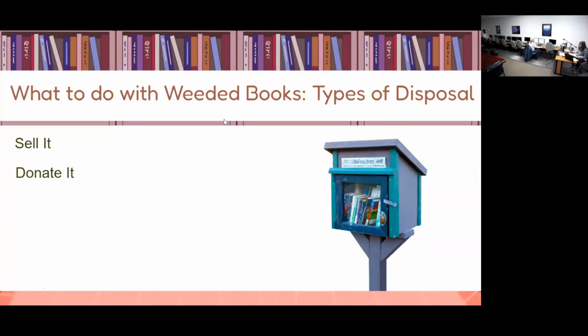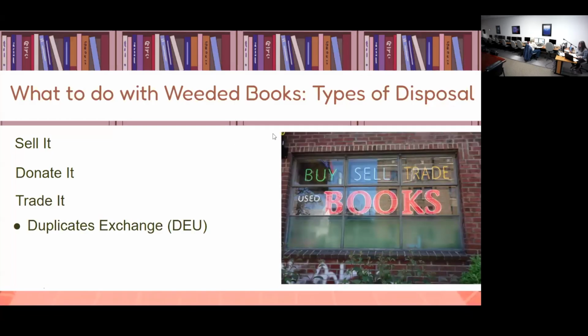You see those everywhere. I know I've taken them to our state park, to one of the little free libraries. And then types of disposal, you could also trade it, or there's a place called the Duplicates Exchange. So you're thinking, well, the ones we have are really in bad shape. Nobody's going to want those. But you might also get those in donations. And I referenced this a little bit ago. You get a donation in, you're like, oh, this is awesome, a beautiful Stephen King book.